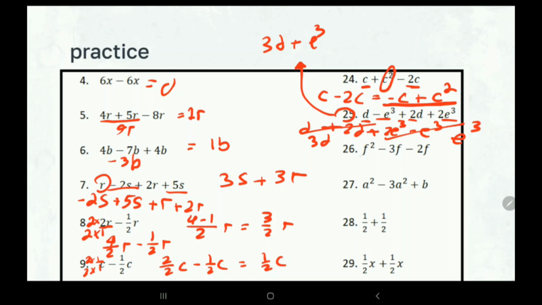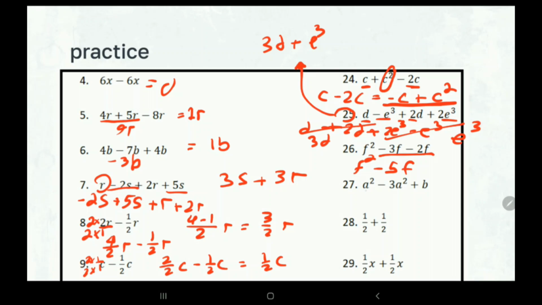Question number 26. f squared minus 3f minus 2f. We'll just write f squared, and then we will add the minus 3f and negative 2f, so it will be negative 5f.